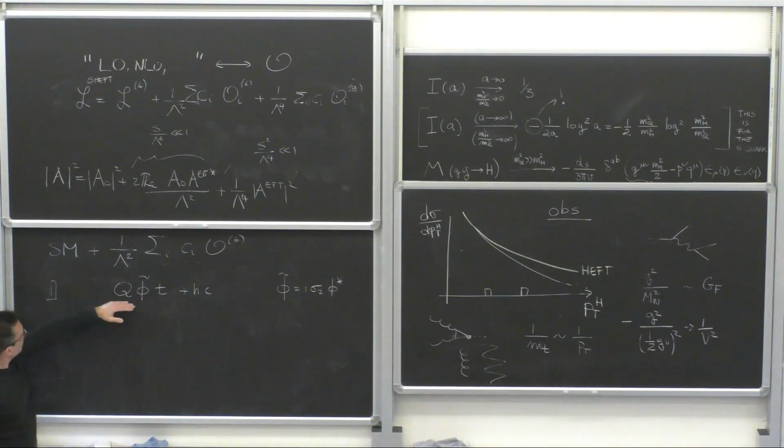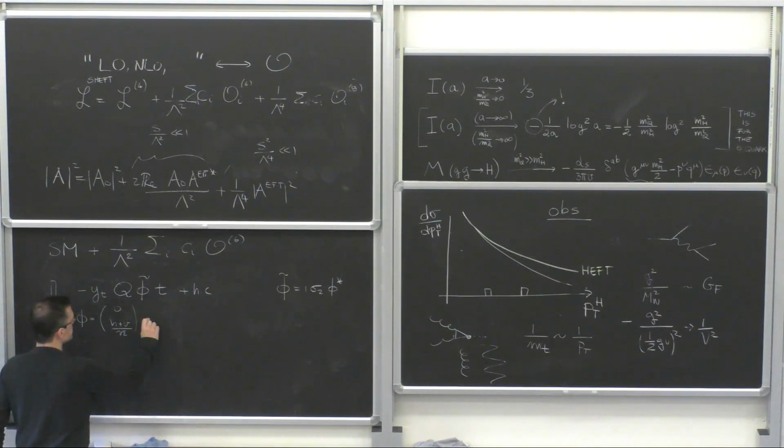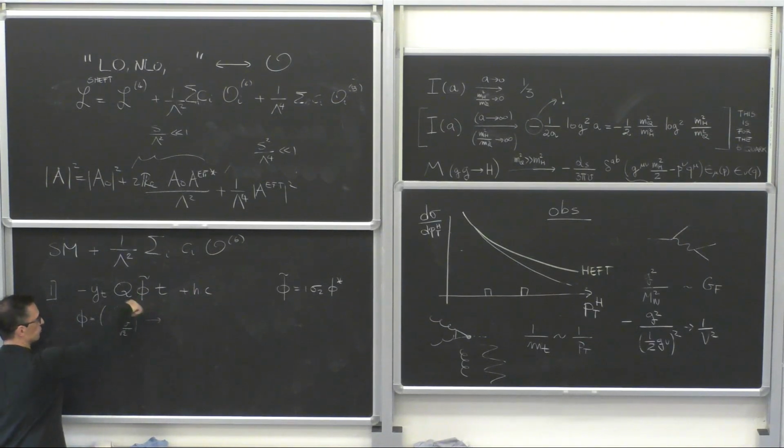So remember, in the standard model, you have minus y_t here, and what happens is that when you have phi equal 0, (h plus v) over square root of 2, I'm using the square root of 2, then you put it here, you flip it, so you get the t left up there.